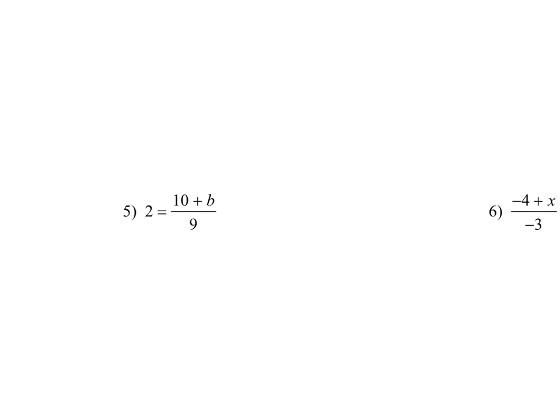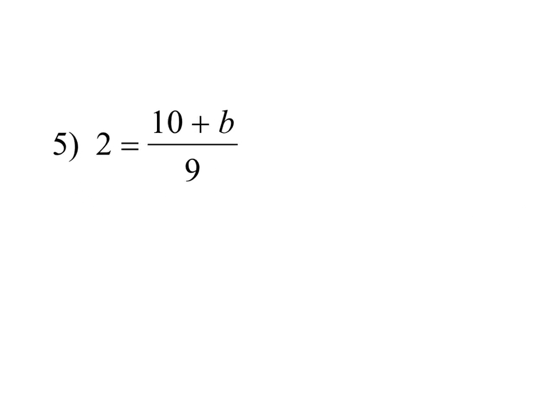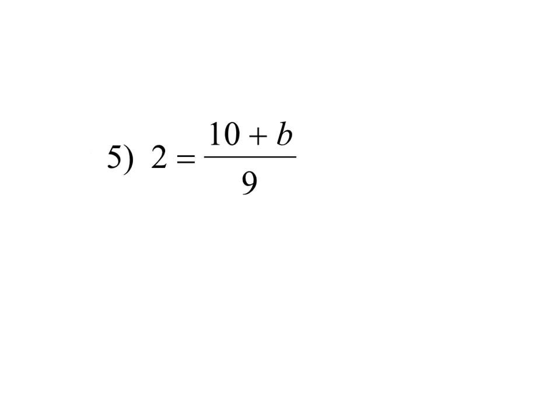All right, let's look at number 5. You have 2 is equal to 10 plus b divided by 9. Looking here, your variable is in the top part of the fraction, but there is something being added to it. Before you can get there, you've got to get what is being added to your variable by itself.